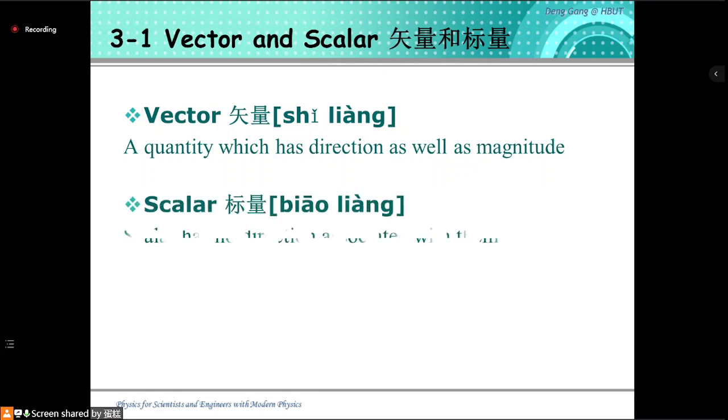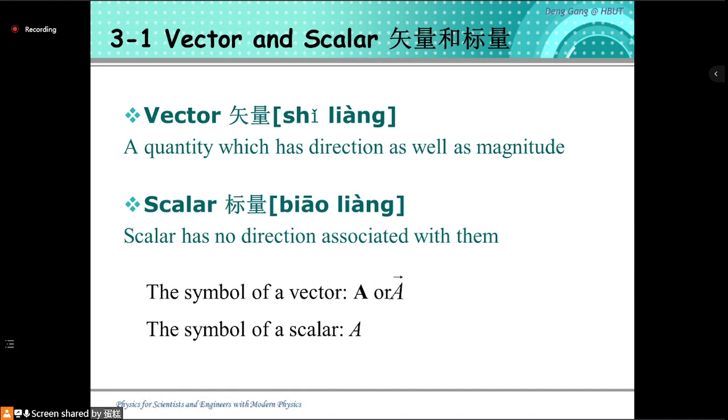A scalar, in Chinese we call it 标量. A scalar has no direction. We use different symbols to indicate a vector or a scalar. Like here, A, we use a boldface, or an arrow on the top.